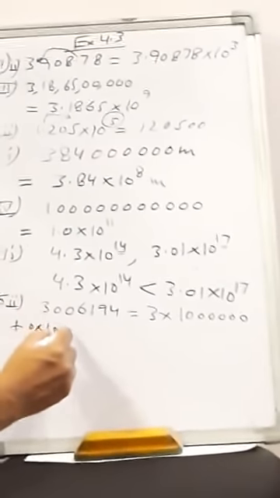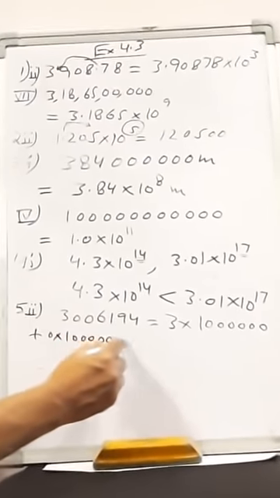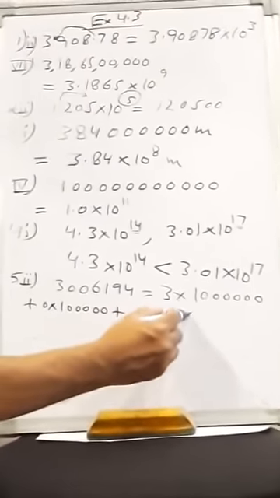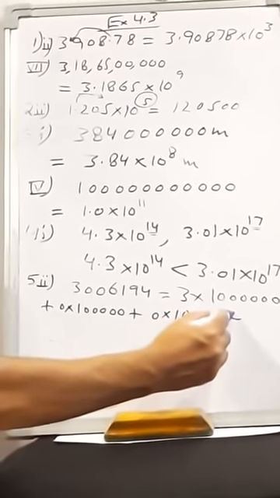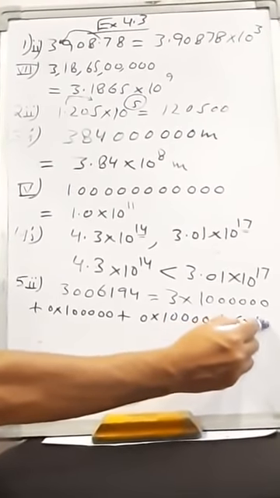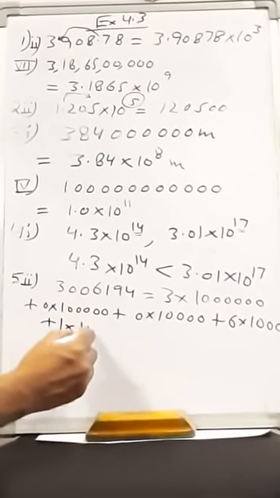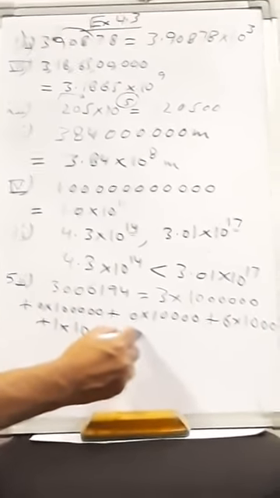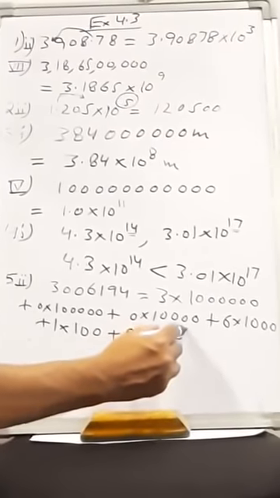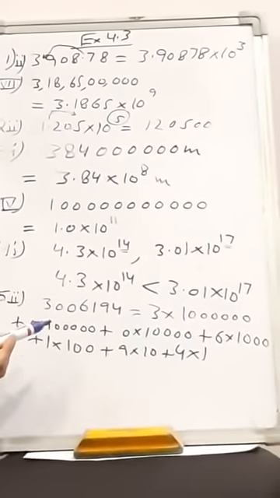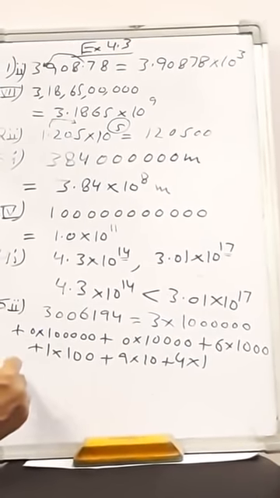Plus 0 multiplied by 1 followed by 5 zeros, plus again 0 multiplied by 1 followed by 4 zeros, plus 6 multiplied by 1000, plus 1 multiplied by 100, plus 9 into 10 plus 4 into 1. This is how we write in expanded form.